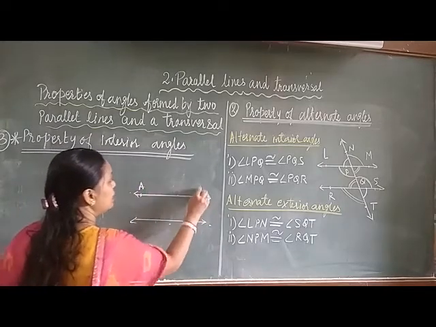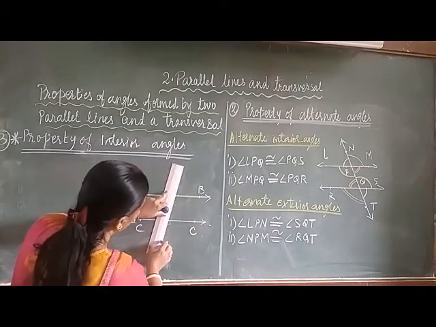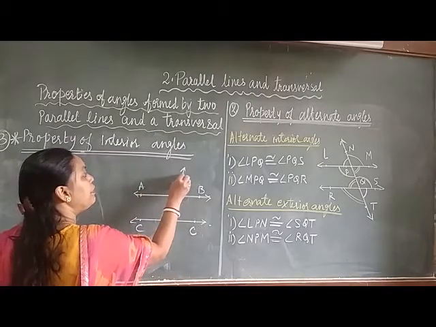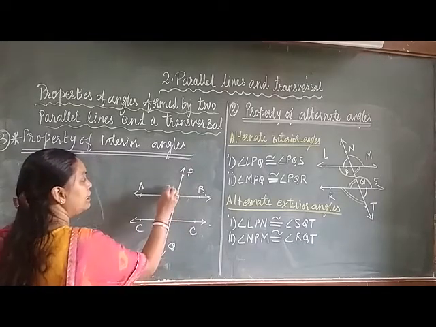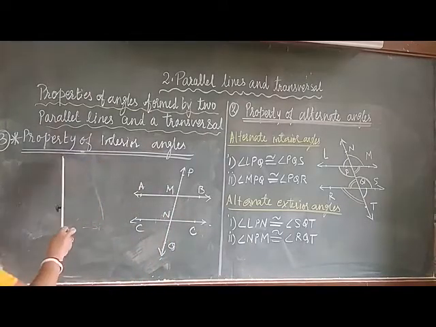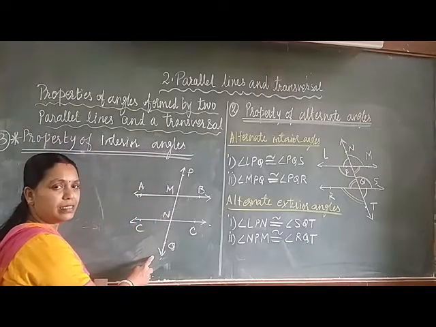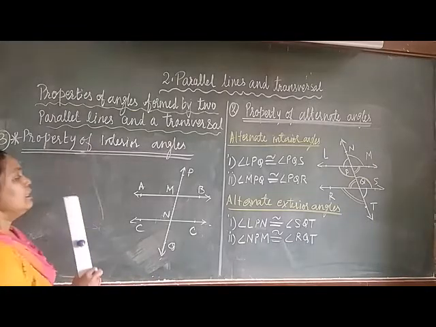Suppose the parallel lines are AB and CD, and PQ is the transversal, intersecting the parallel lines at points M and N. Now, according to the property of interior angles, a pair of interior angles formed by two parallel lines and the transversal is supplementary.